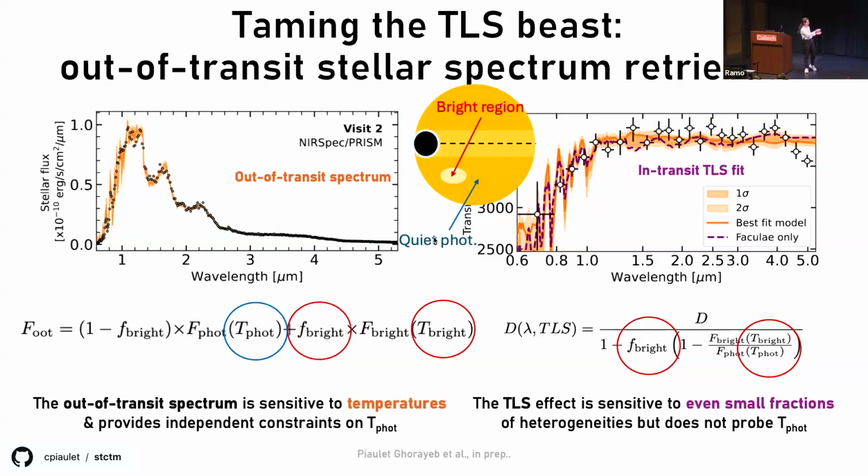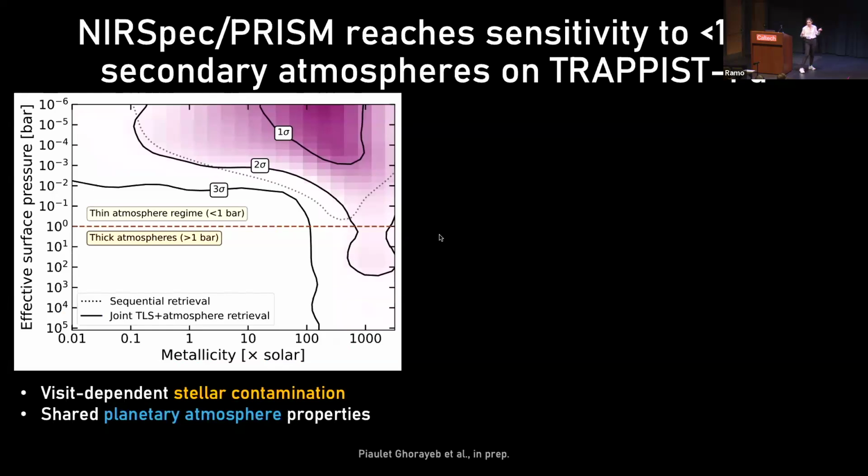On the other hand, what's interesting about the transit light source effect is that if there was no atmosphere, you would just see a straight line if there was no stellar surface heterogeneity. And so this is much more sensitive to the fraction of the surface of the star that's covered by this brighter component.